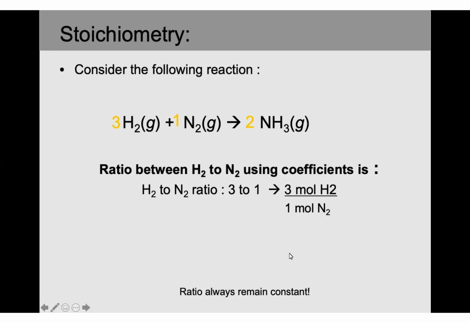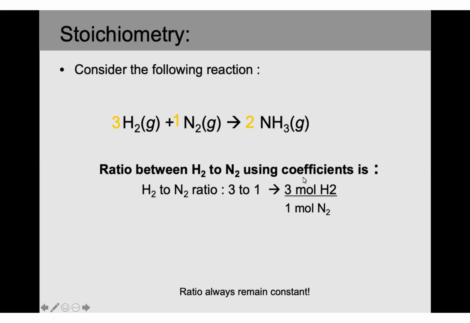Ratios always remain constant. Why? Because the balanced equation is always the same, right? When we balance it, we always have 3 H2, 1 N2 and 2 NH3. They never change in the balanced chemical equation.